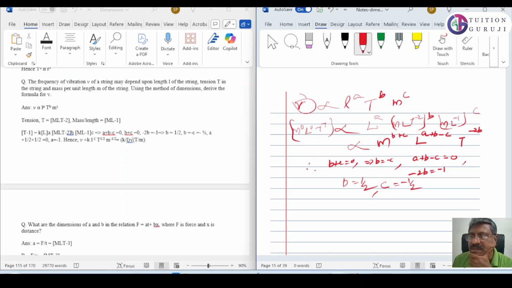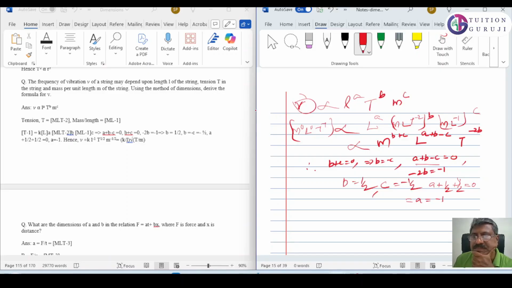Then A plus B minus C is equal to 0. That means A is equal to minus 1.